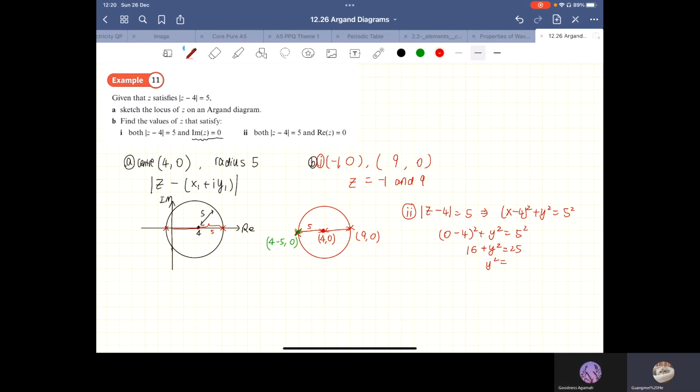Which is? 9. So y squared is 9. What is y? 3. Only 3? Positive and negative 3. That's it.